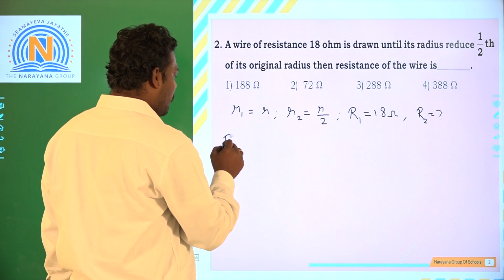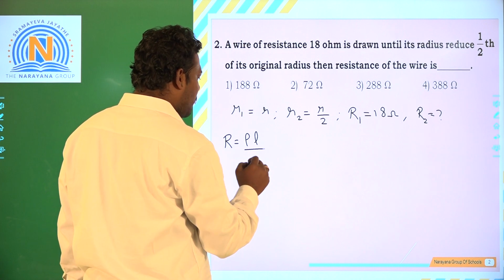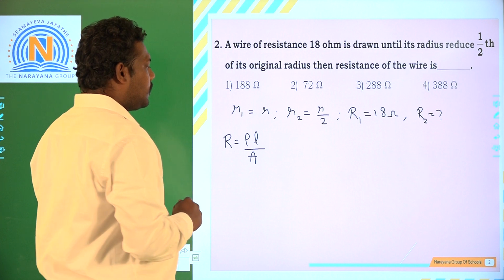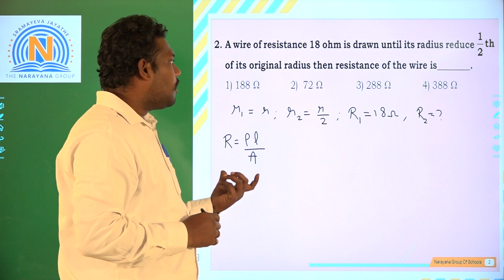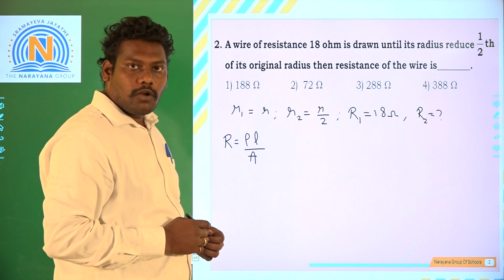So from the formula R equals rho L by A, we need to get the volume equal. As it is stretched or drawn, volume will not change.